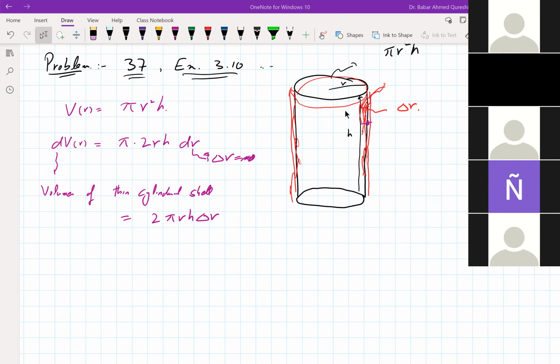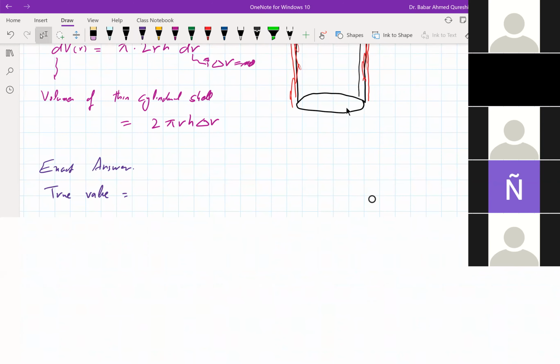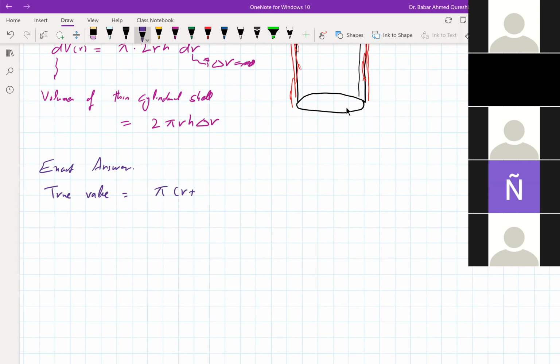Let me make a comment about it. This is an approximation. The exact answer, or true value, would obviously be the volume of the outer cylinder minus the volume of the inner cylinder.